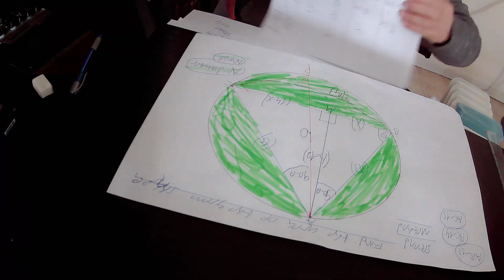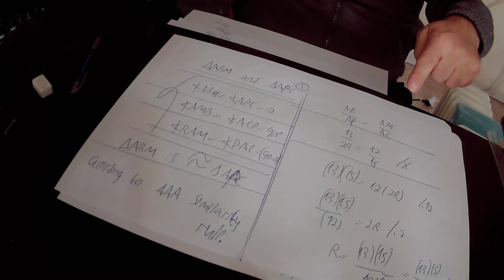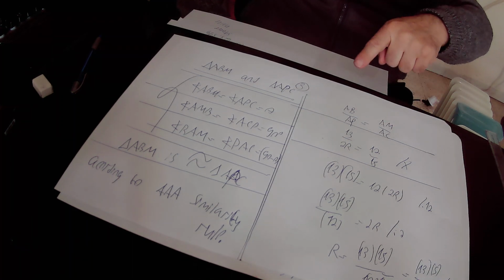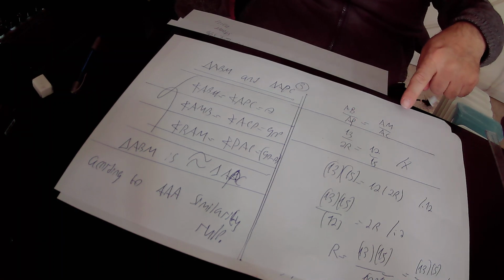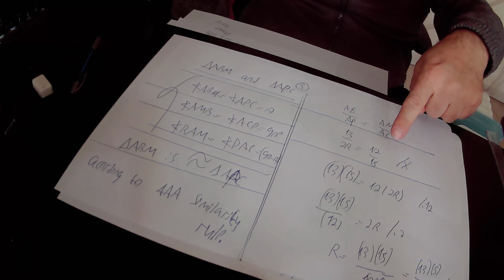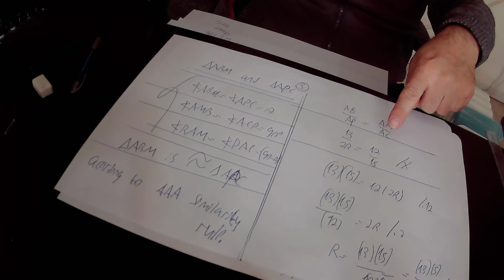Repeat again, AB over AP equals AM over AC. AB is 13, AP is the diameter of the circle, that is 2R, AM is 12, and AC is 15. So we found that 13 over 2R equals 12 over 15.